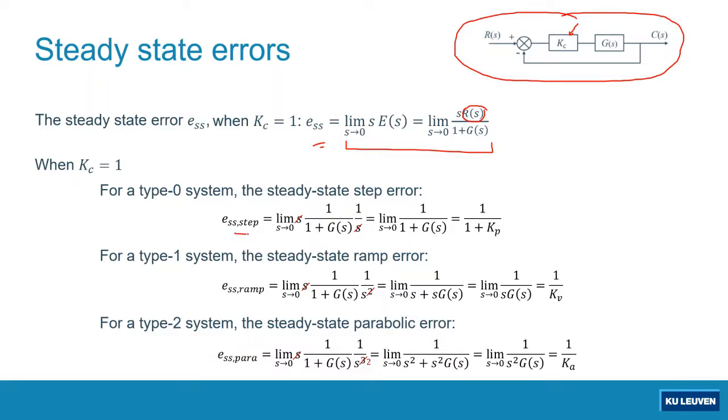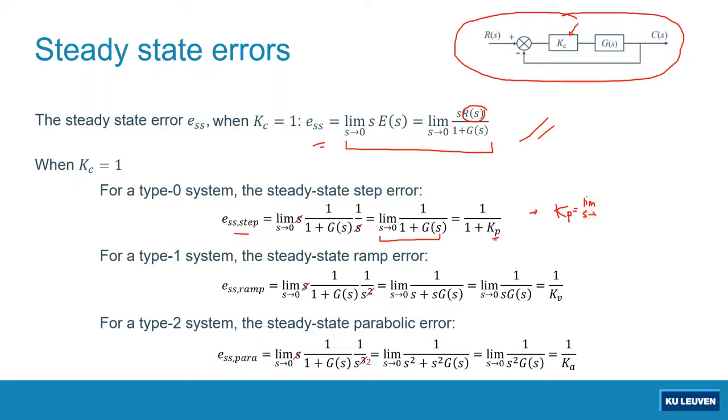so if we give a step input to this type 0 system, the steady state error will be, using this equation, equal to limit s to 0 of 1 over 1 plus G(s), or it will be equal to 1 over 1 plus Kp, where Kp is the static position error constant. You still remember our discussion of system type. Of course, in this case our Kp, the static position error constant, is equal to limit s to 0 of G(s).